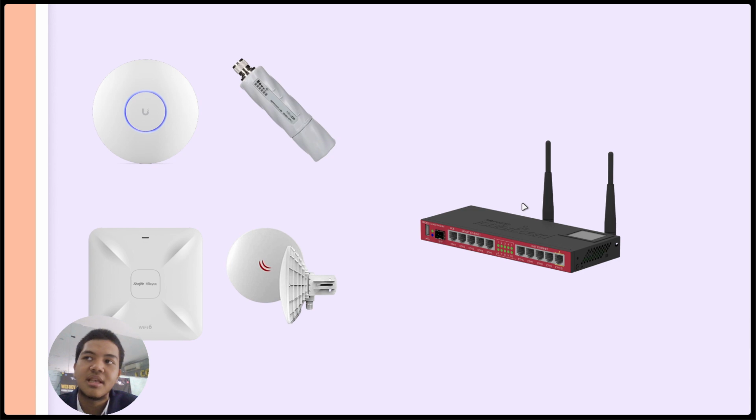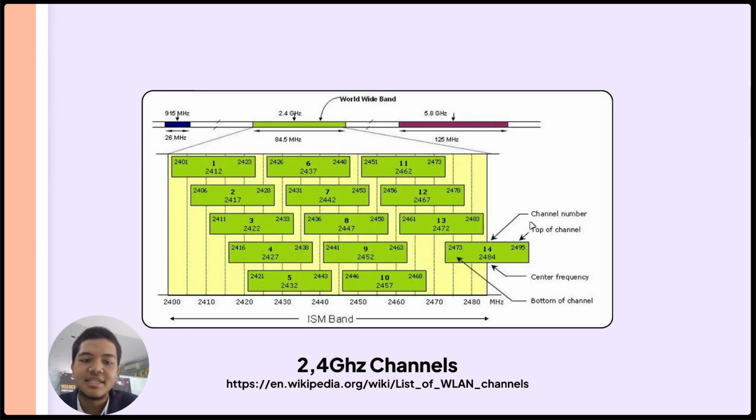If you don't want to set up an access point in your home, the solution is that your router has wireless. Make sure it isn't blocked by obstacles. So that's an example of wireless devices.